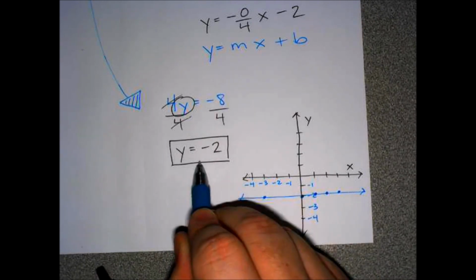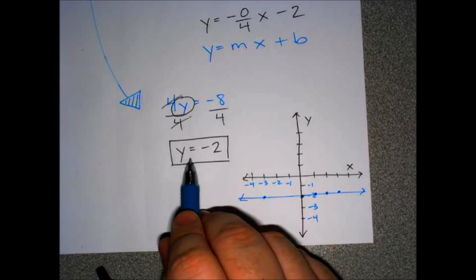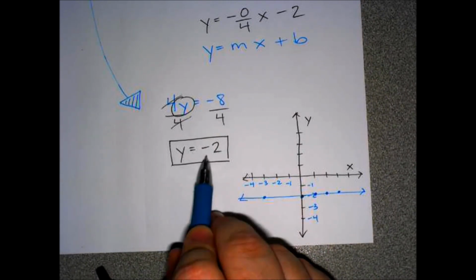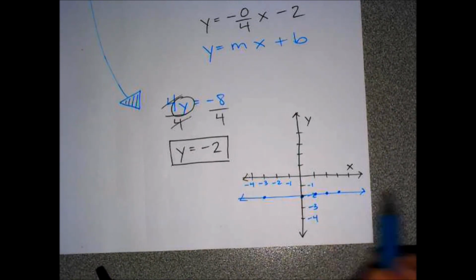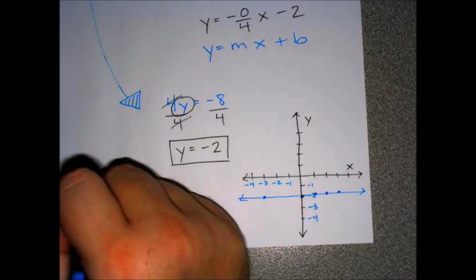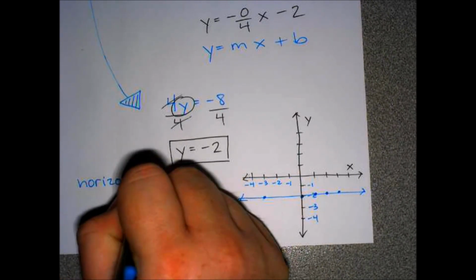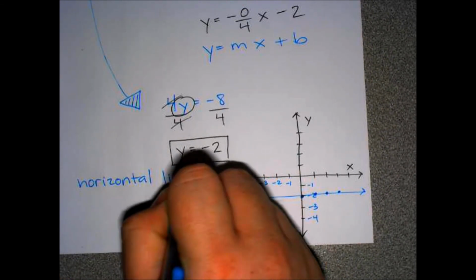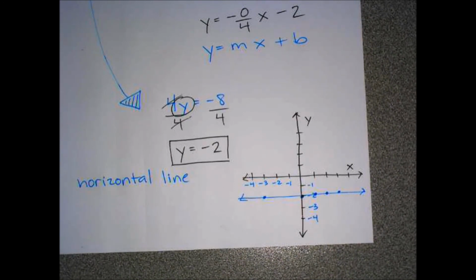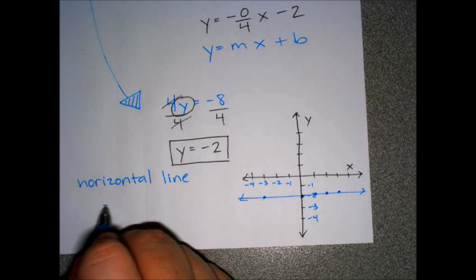That's what this means. It doesn't matter what x is, y is always -2. So it's a straight line across. It's a horizontal line.